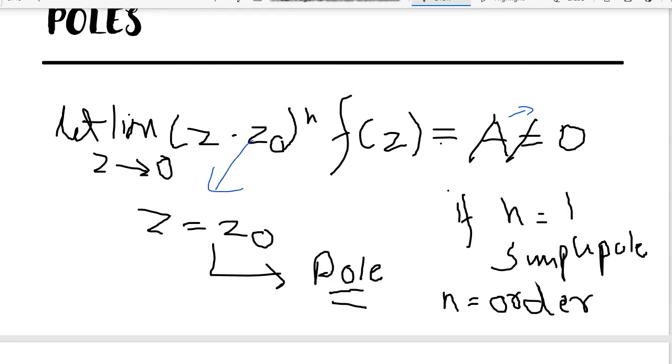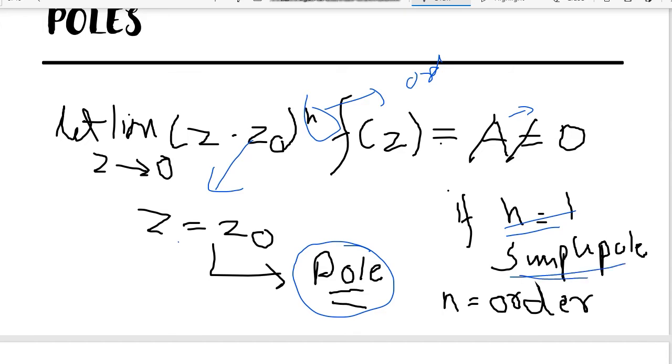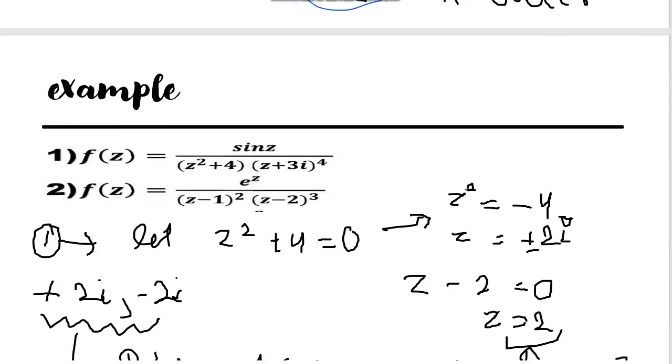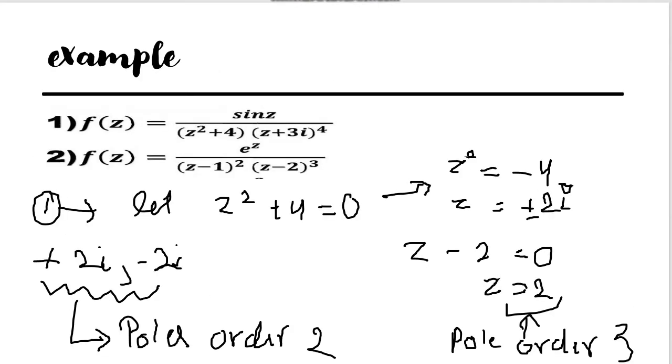So if we put z equal to z naught, this is a pole, and this n is the order of the pole. If n is equal to 1 at z equal to z naught, then it is a simple pole. This theory seems confusing, but let us see it with an example.